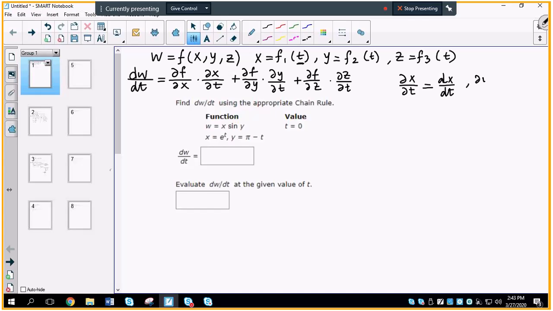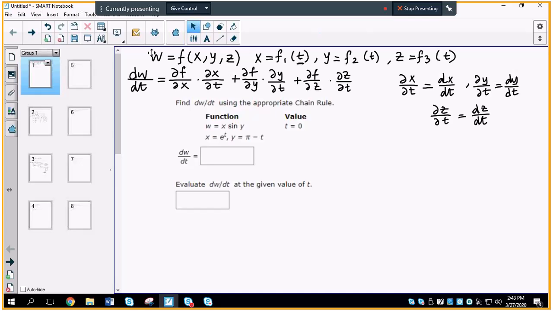Similarly, if I consider del y del t, I can easily write it as dy dt, and dz dt is going to be del z del t. Now, the partial and the total derivative are equal if the variable is a function of one variable, like x is a function of t only, y is a function of t only, z is a function of t only.